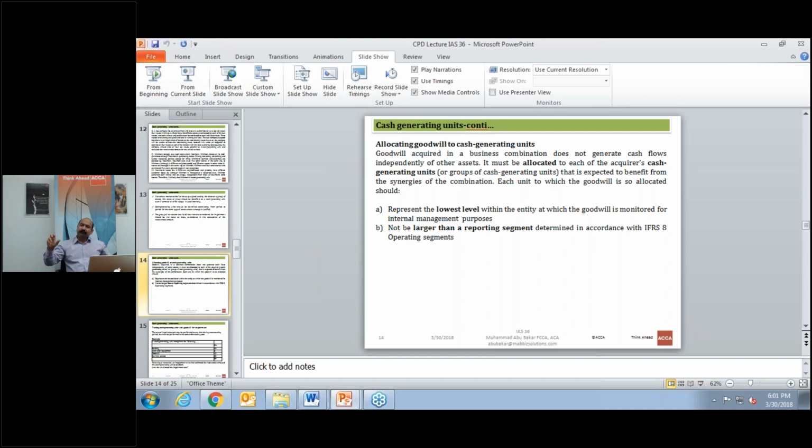If there is any impairment, you will treat it as a revaluation deficit, because an asset could be devalued without being impaired. It is not necessary that an asset is impaired if there is a revaluation deficit, because revaluation deficit is purely based on the fair value. Impairment is based on the higher of these two figures. Maybe fair value is lower, but if value in use is higher, then that asset is not impaired.